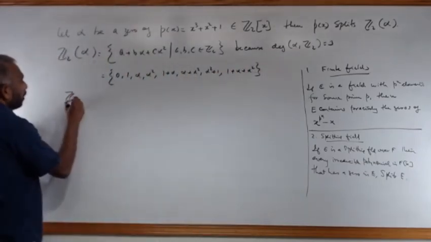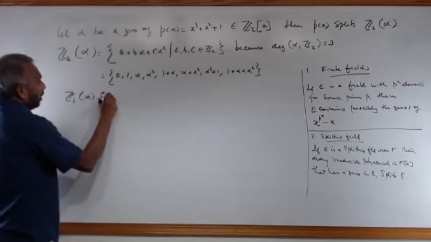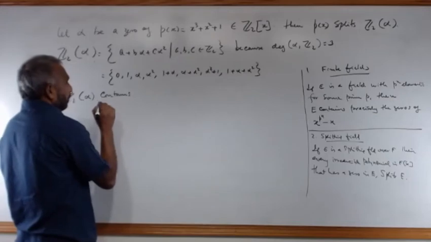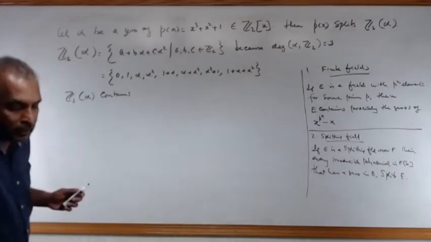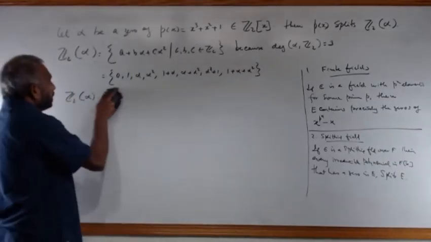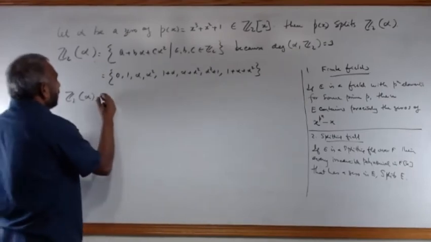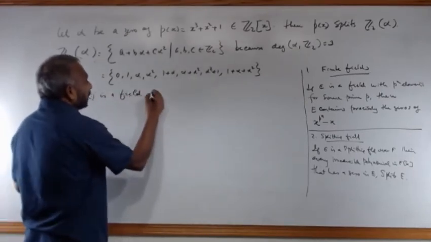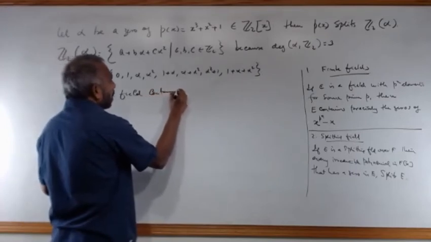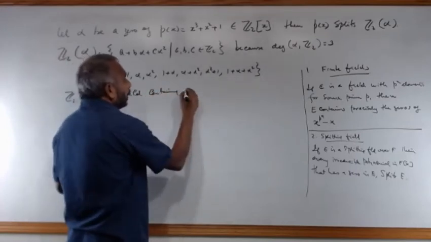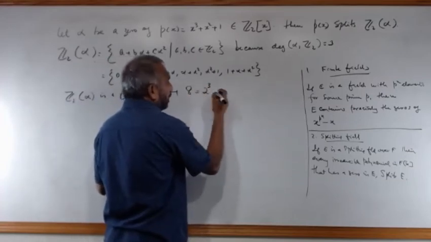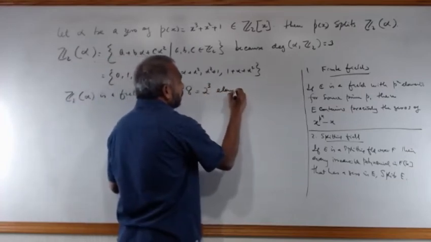So Z2 of alpha is a field containing 8 elements, that is 2 to the power of 3 elements.